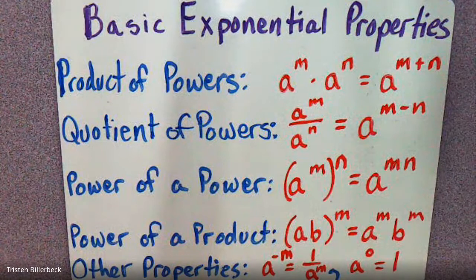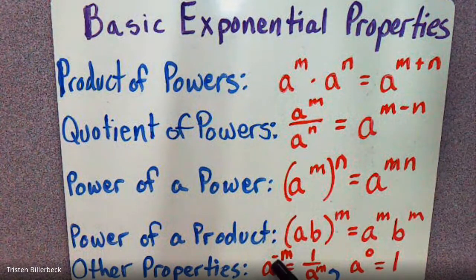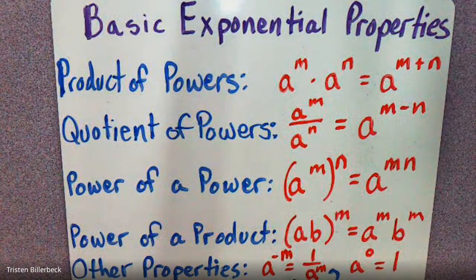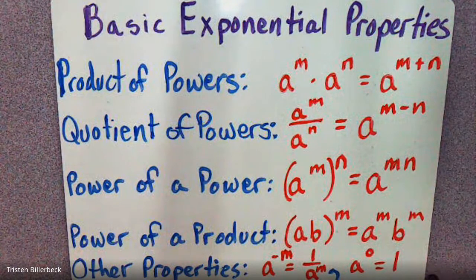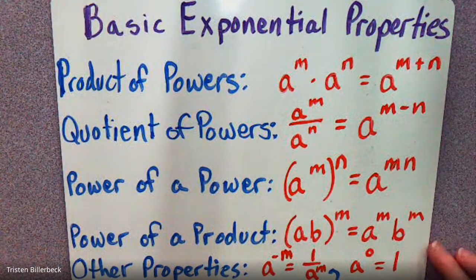Okay, so other properties, if I have a to the negative m, that's just going to be 1 over a to the m. So if you think about it, when you don't want to be someplace, your attitude gets a little negative. So the negative is a location thing.